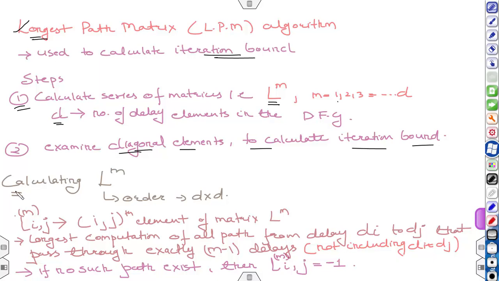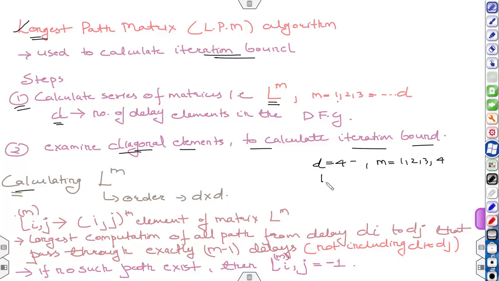To calculate Lm, the order of this matrix Lm is D cross D. So suppose D is 4, the order of the matrix will be 4 cross 4, and you have to create a total of M matrices, in this case m equal to 1, 2, 3, 4.